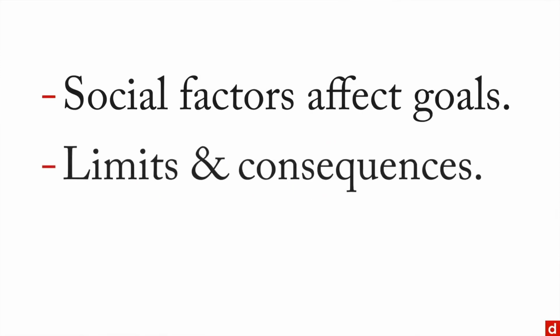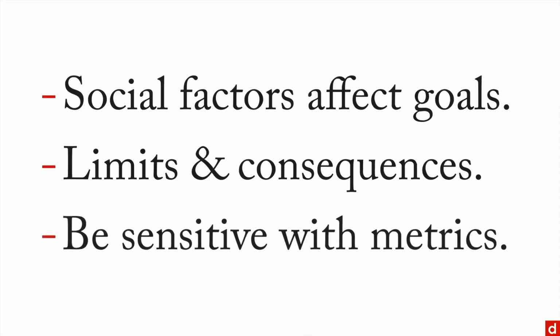There are limits and consequences both on how you reach the goals and really what the goals should be, and when you're making advice on how to reach those goals, please be sensitive to how things play out with metrics and how people will adapt their behavior to meet the goals. That way, you can make something that's more likely to be implemented the way you meant and more likely to predict accurately what can happen with your goals.